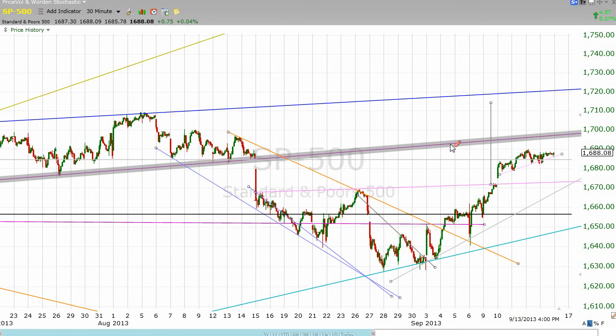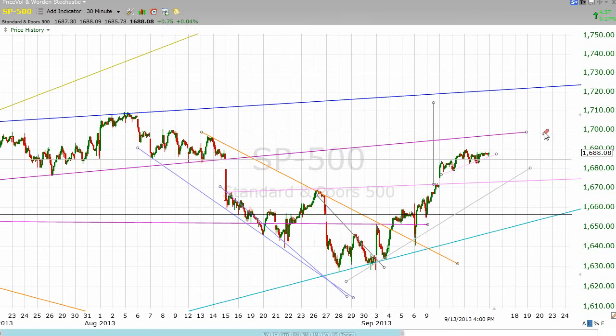That means sitting on the fence about what will happen if and when the S&P reaches this level, which this week would be in the mid to high 1790s, and later in the week would actually be around 1700, and possibly even a little higher once we get to Friday.